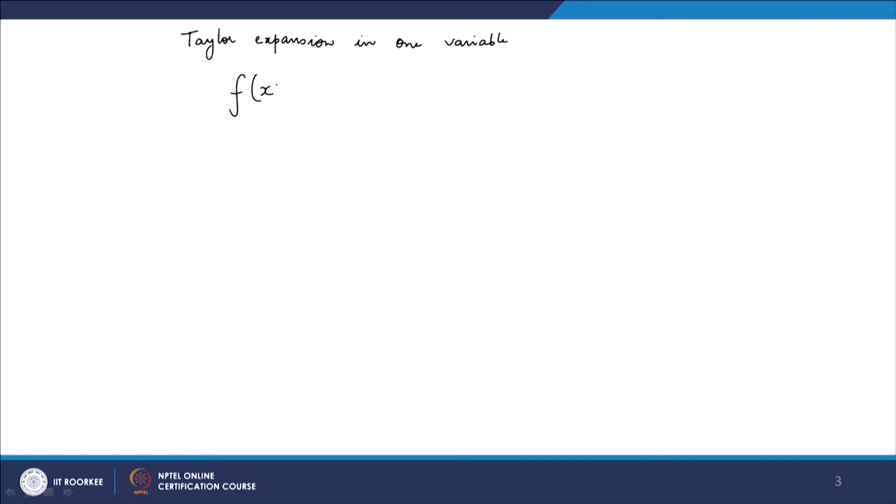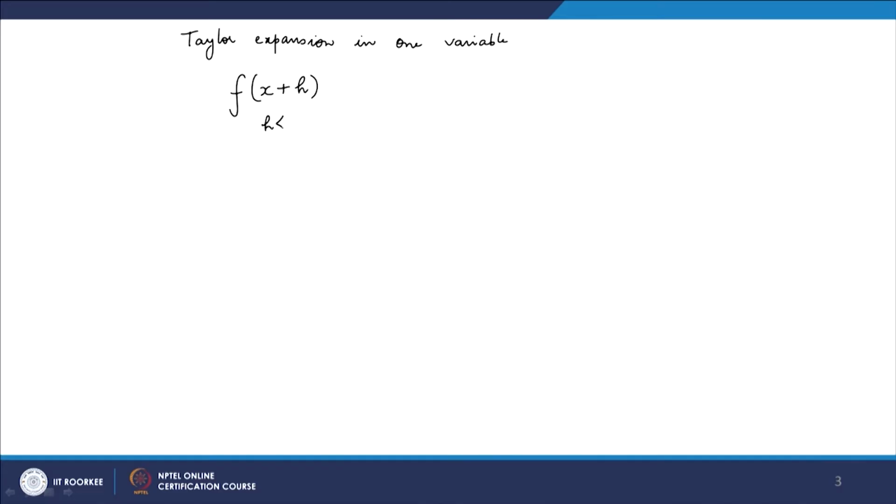If I want to look at a function value in the neighborhood of x, where h is much smaller than x, f of x plus h is equal to f of x plus f prime of x evaluated at x multiplied by h, plus f double prime of x multiplied by h square by 2, and so on.